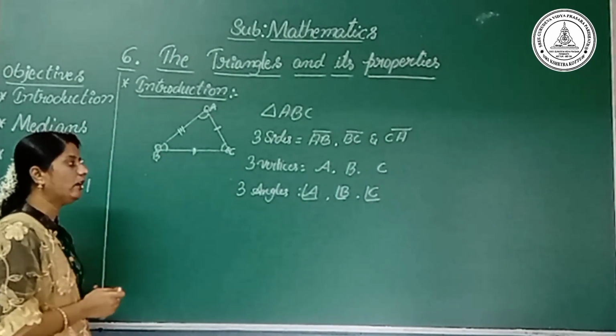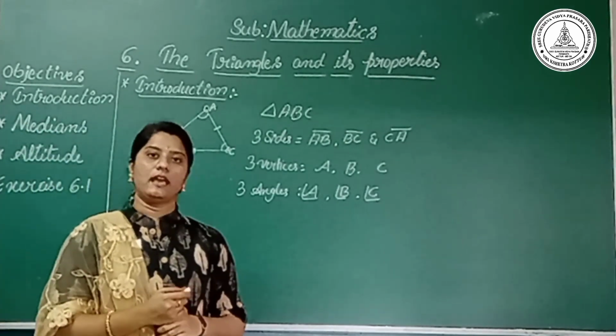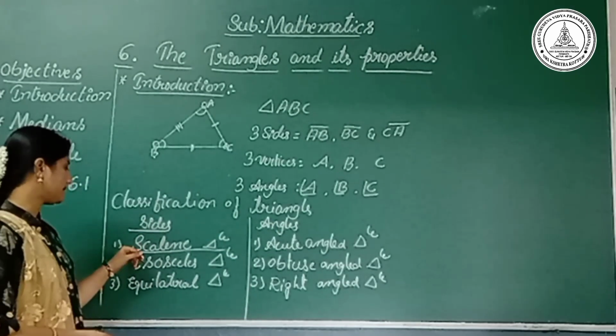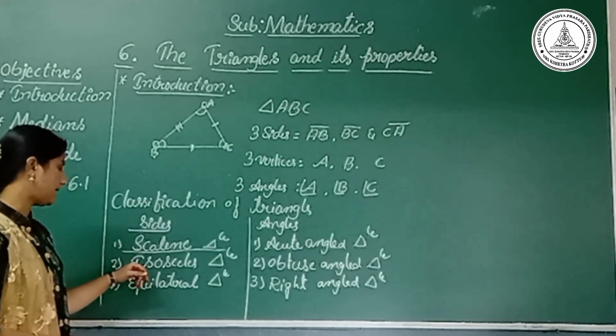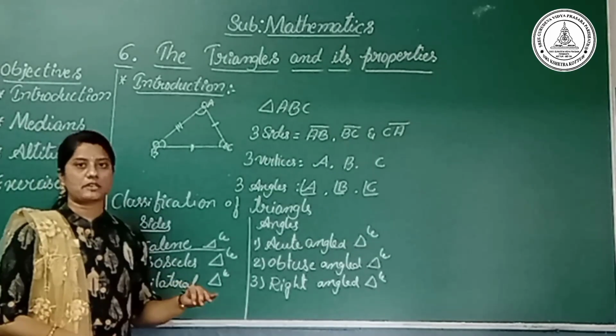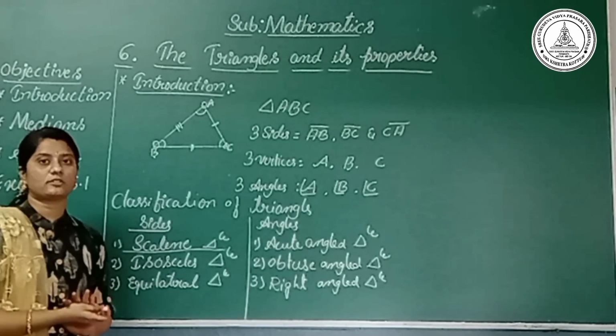Okay, and also we have learned the classification of triangles based on their sides and angles. First, based on their sides: scalene triangle, isosceles triangle, equilateral triangle. What do you mean by a scalene triangle? A scalene triangle is a triangle having different measures of sides.